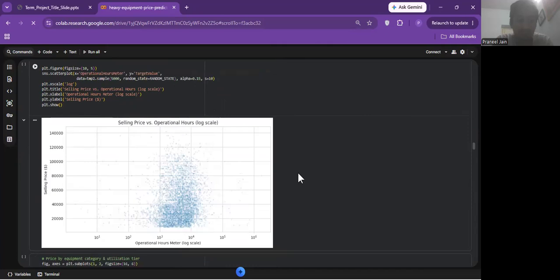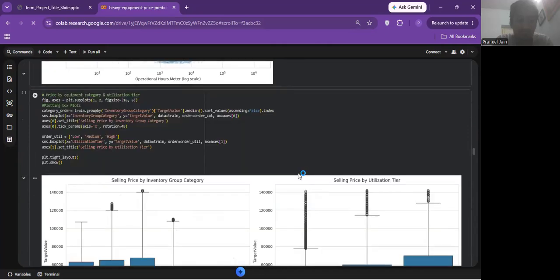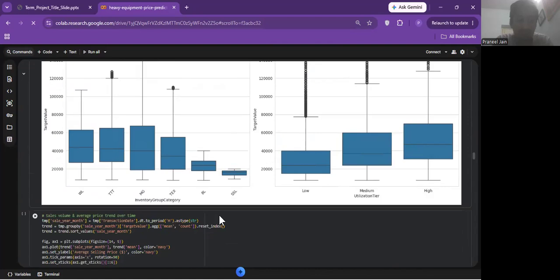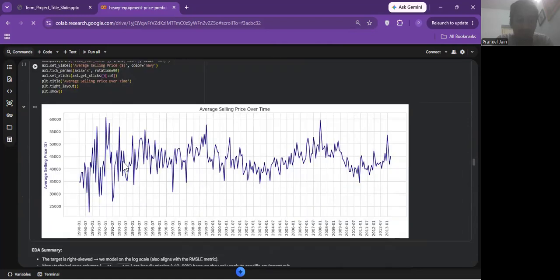The next thing is price by group categories and utilization tier. This showed a strong price separation, so I expected them to be important features, as we can see in this dot plot. And the last one, price trend over time. Here I checked average price by month to see if there is any time trend to account for in our model.